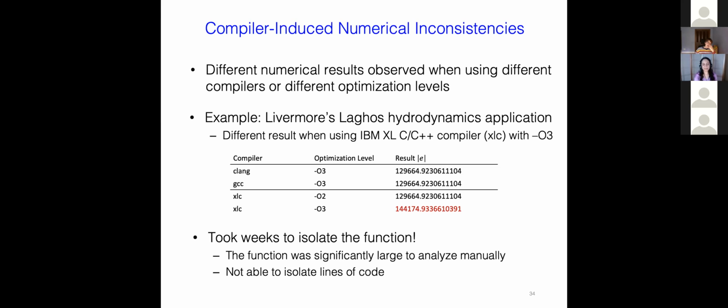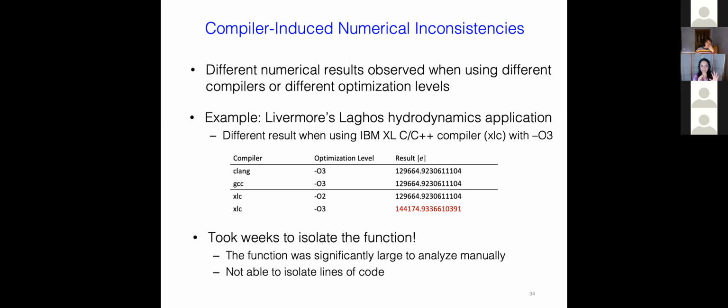As shown in the table, XL O3 produces a very different result compared to Clang, GCC, and even XL with O2. You could use the XL flag qstrict, which basically disables the optimizations.